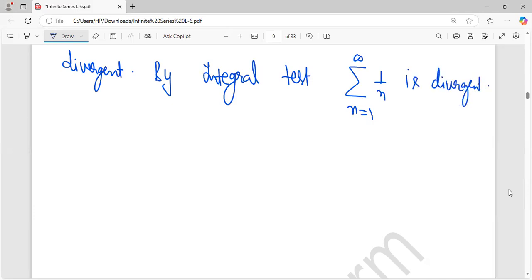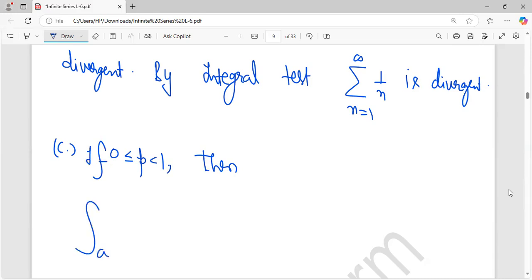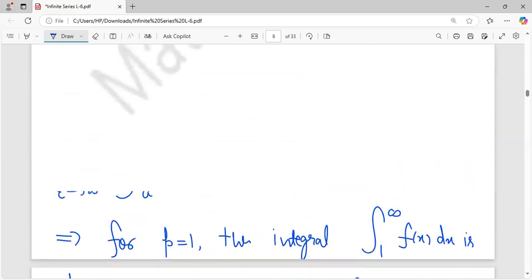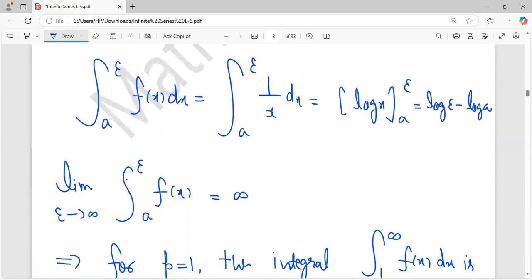Okay. Now we are taking c. If my p is in this range, then what is this? This is a to epsilon f(x) dx. What is this? This is nothing but x to the power 1 minus p upon 1 minus p. So actually here this is 1.